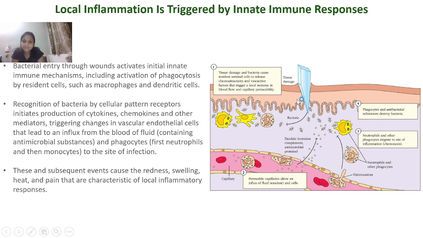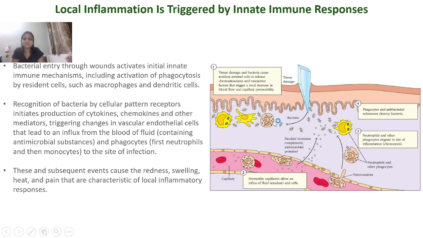And here you can see the bacteria entering the cells, and whenever there is any tissue damage, there will be release of chemoattractants, and these chemoattractants will induce other cells to come into the picture. There will be a local increase in blood flow, and capillary permeability will also increase to help in the entry of these cells.